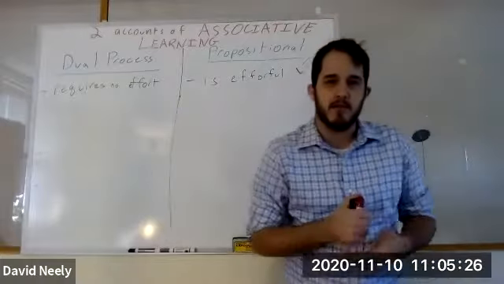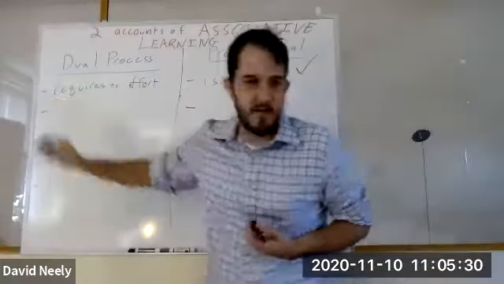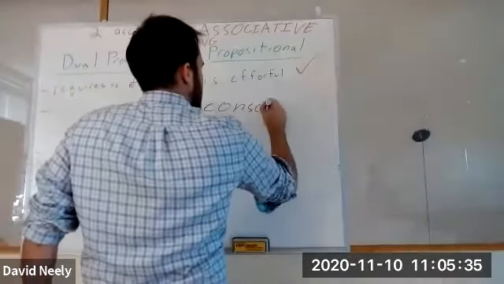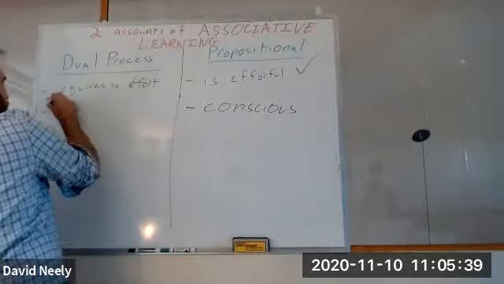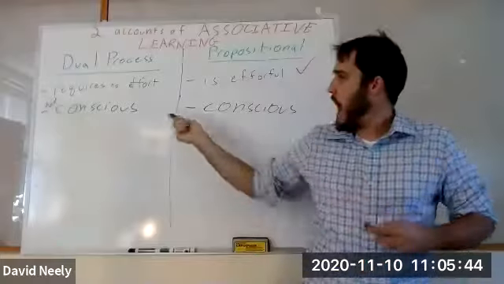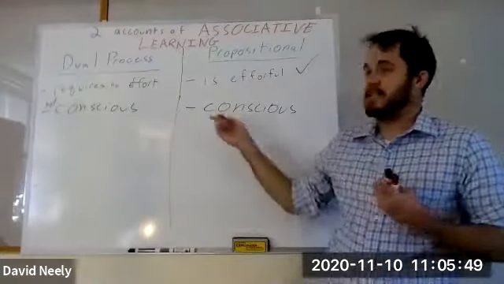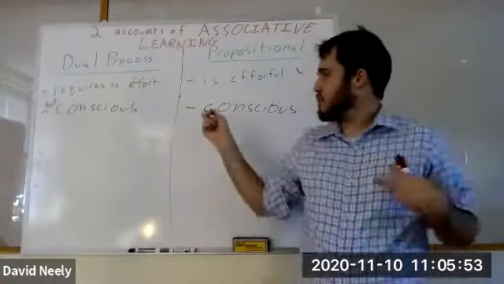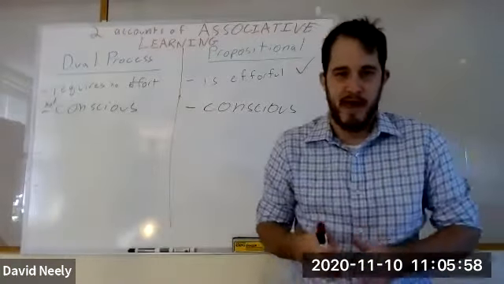Interestingly, this experiment also seemed to show the second of these criteria, which was consciousness versus unconsciousness. As a matter of fact, the article doesn't go into a ton of detail on this, so I'm not going to either. But basically, there's a strong correlation between somebody's skin reaction to shocks and their consciously being able to say, oh yeah, I recognize the pattern.